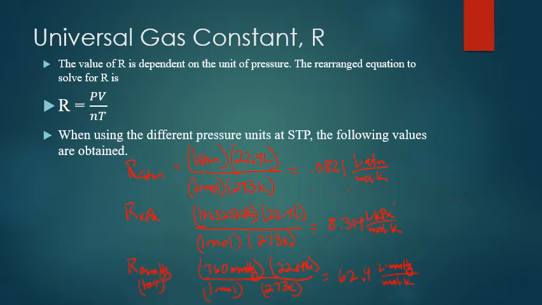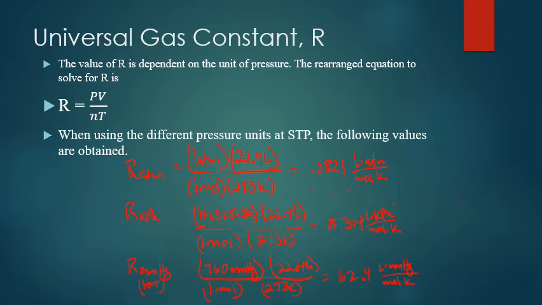So I just want you to take a moment and notice that when we set this up, every other variable, volume, temperature, and moles, are the same throughout each one of these different R values. Only the value for the pressure changes, and we would use one of these to just simply cancel off whatever given unit of pressure we have.